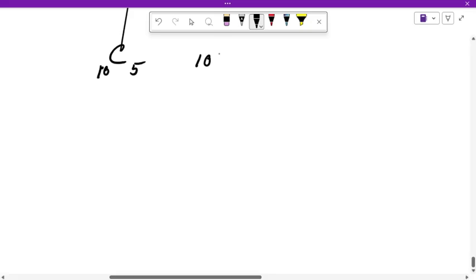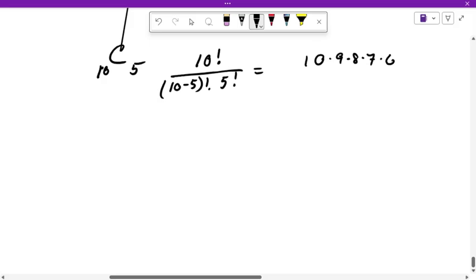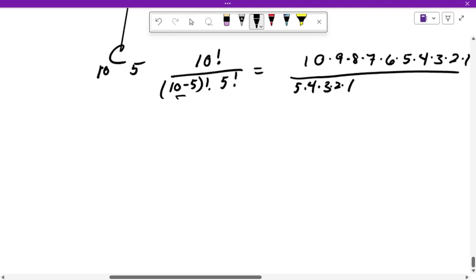This is 10 factorial over 10 minus 5 factorial divided by 5 factorial. 10 times 9 times 8 times 7 times 6 times 5 times 4 times 3 times 2 times 1 divided by 5 times 4 times 3 times 2 times 1, because I have 10 minus 5, and again I have 5 times 4 times 3 times 2 times 1. This cancels.